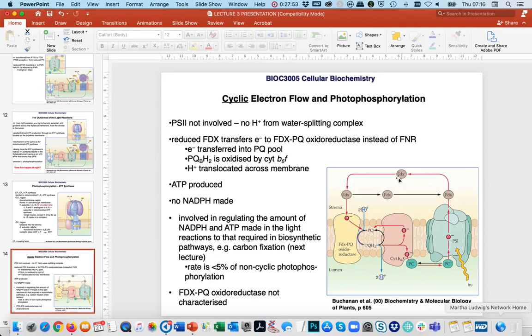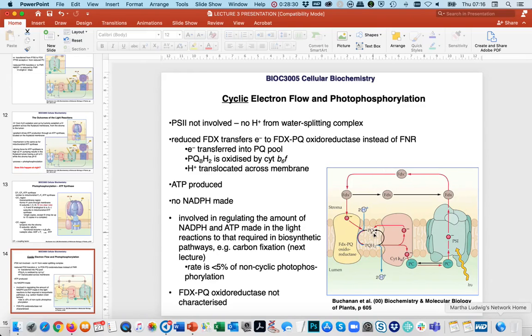Instead, they reduce what's known as the ferredoxin-PQ complex, or in the full name, ferredoxin-PQ oxidoreductase complex. From there, electrons are transferred into the PQ pool, and from there, electrons are donated to cytochrome b6f, then plastocyanin, back through photosystem 1 to ferredoxin.